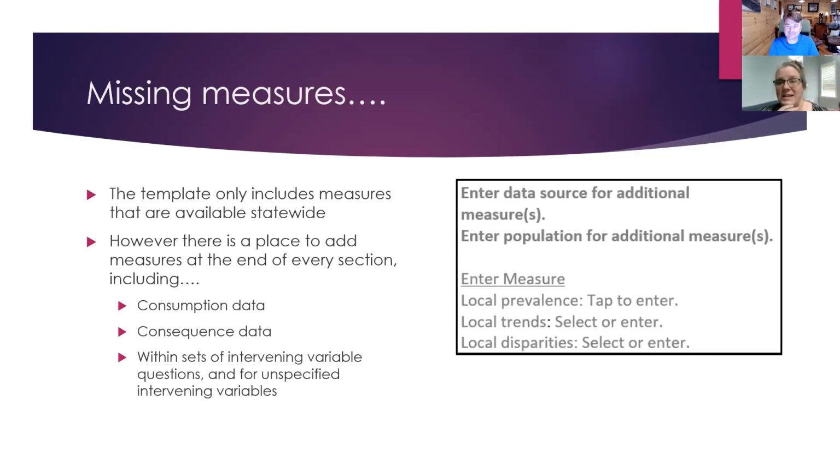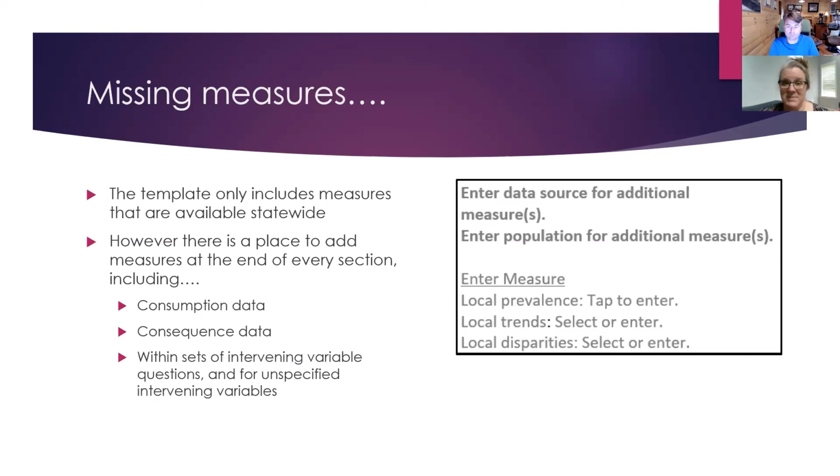So, for example, it might be emergency department visits related to marijuana. And so you'd type in the number of emergency department visits for your population. If there's trend data, you would include that as well as if there's disparity data.